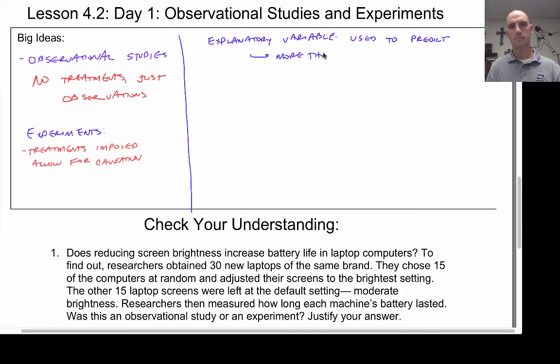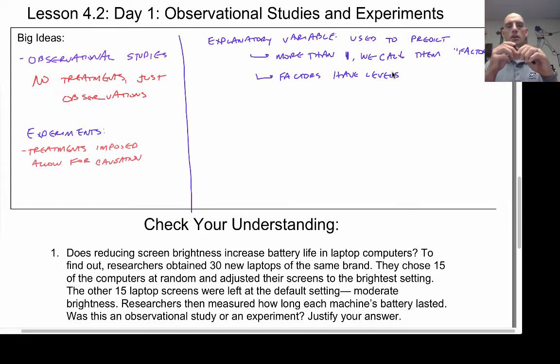If there's more than one, we call them factors, and factors have levels. Sometimes it's going to be straightforward. For the SAT prep class, the main explanatory variable for why the scores go up, if they go up, is that they took this class.